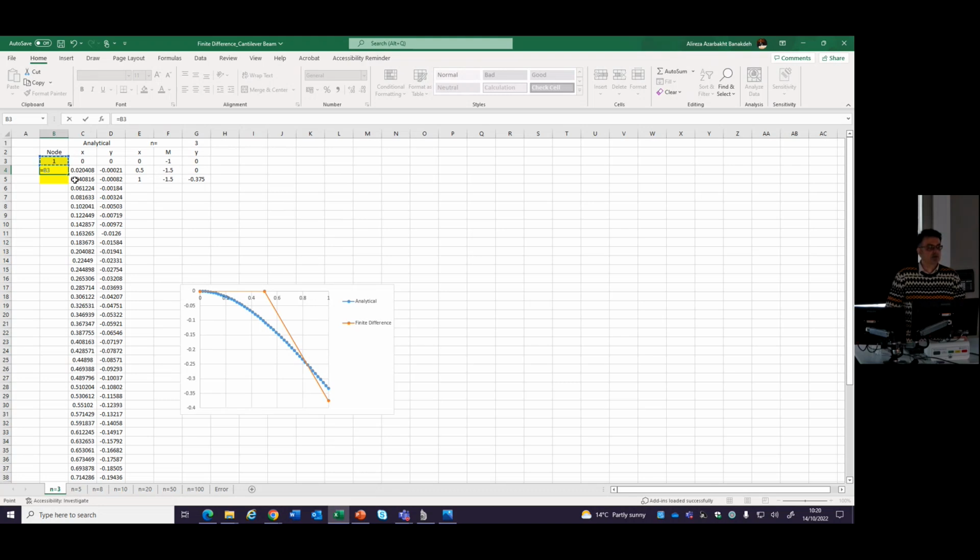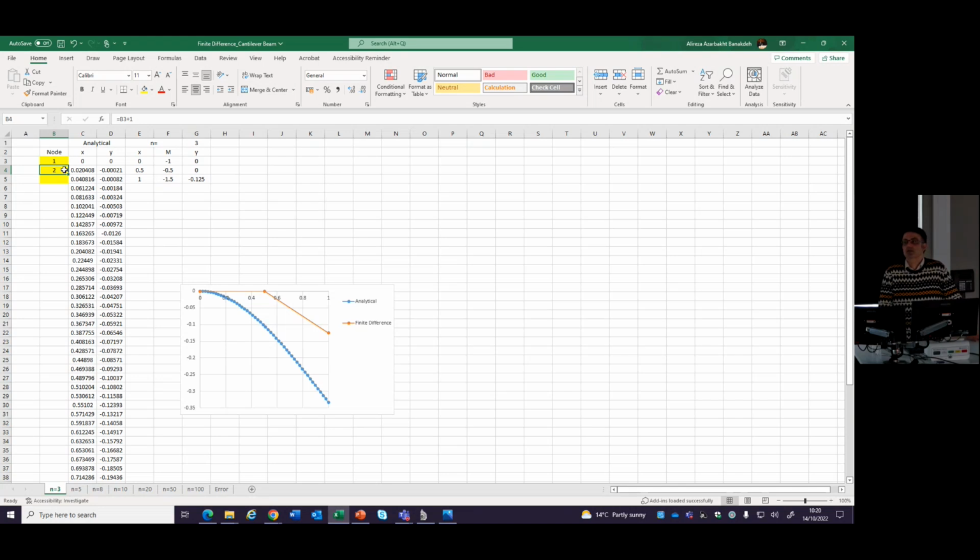Just press this one, or either don't press it. Say equal B3. I just typed B3 plus 1. Enter. It is not just 2. It is the previous one plus 1.